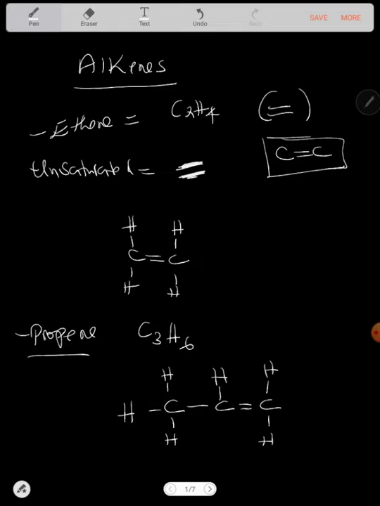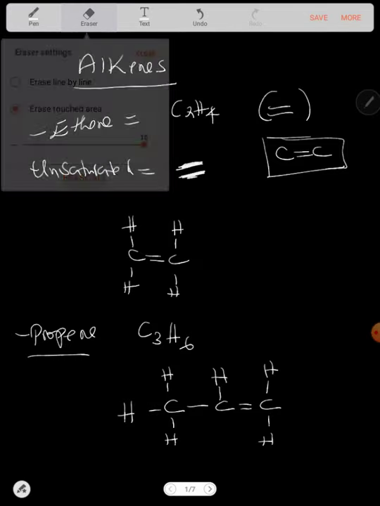Let's look at another one. Butane. Butane has this formula. I can write the display formula. We have 4 carbon atoms. So we put our double bond there. Then we put single bond, single bond. We have 8 hydrogens.